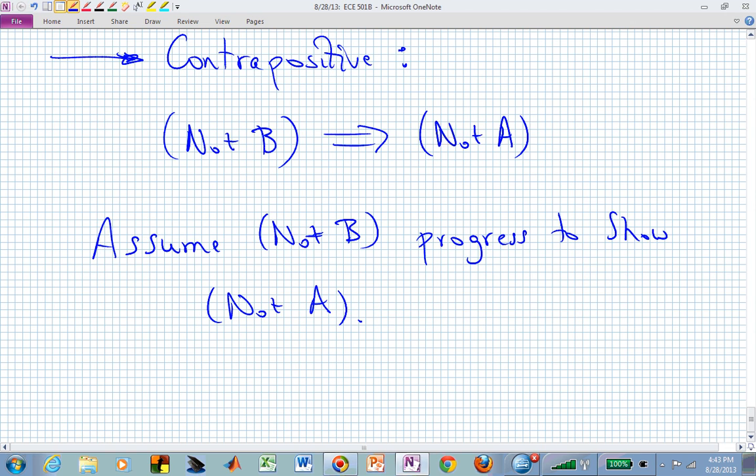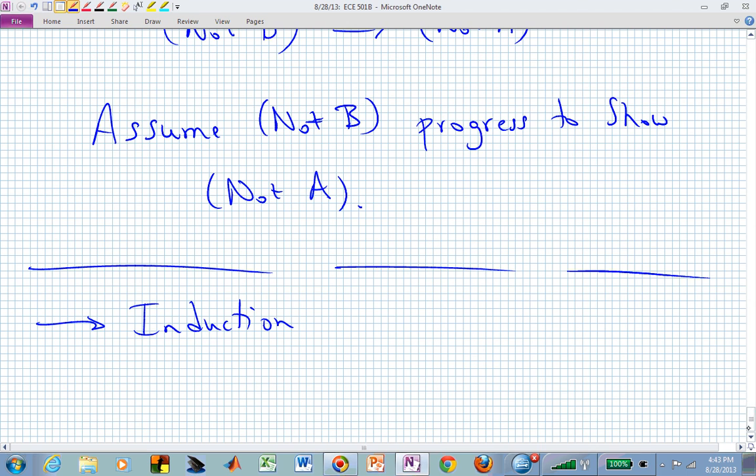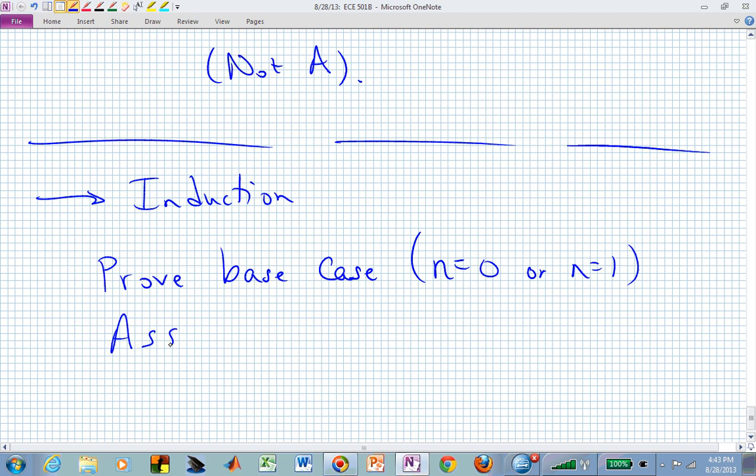One more proof technique. This one is for when you have things indexed by the natural numbers. It's a proof by induction. Basically you prove the base case, and your base case is typically n equal to 0 or n equal to 1. Then you will have some expression involving n.